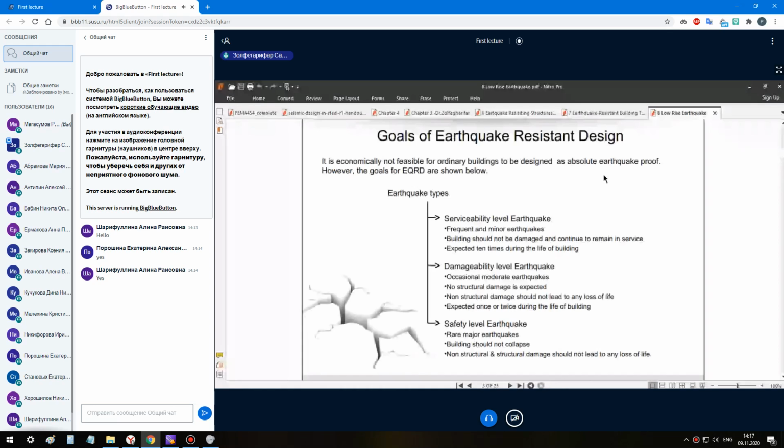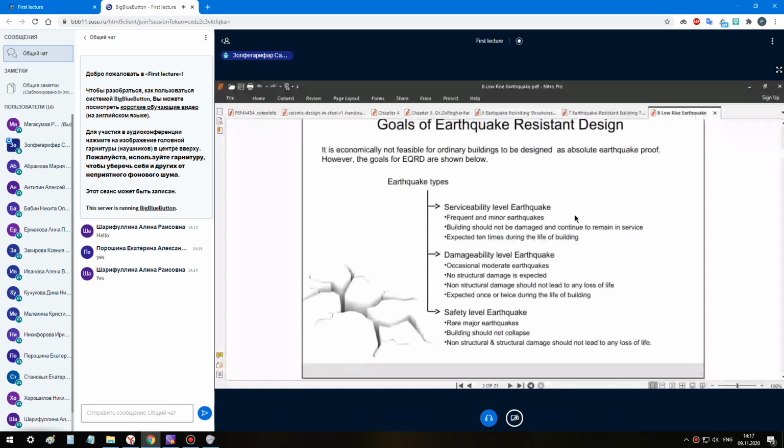However, the goals of EQRD, earthquake resistant design, are shown in this slide. We have three levels of earthquake types: severity level earthquake, damageability level earthquake, and safety level earthquake.